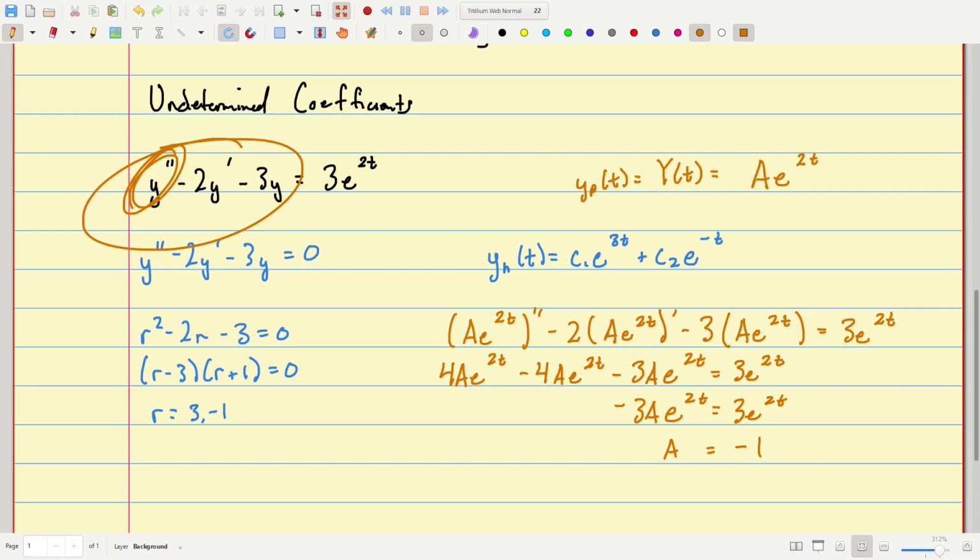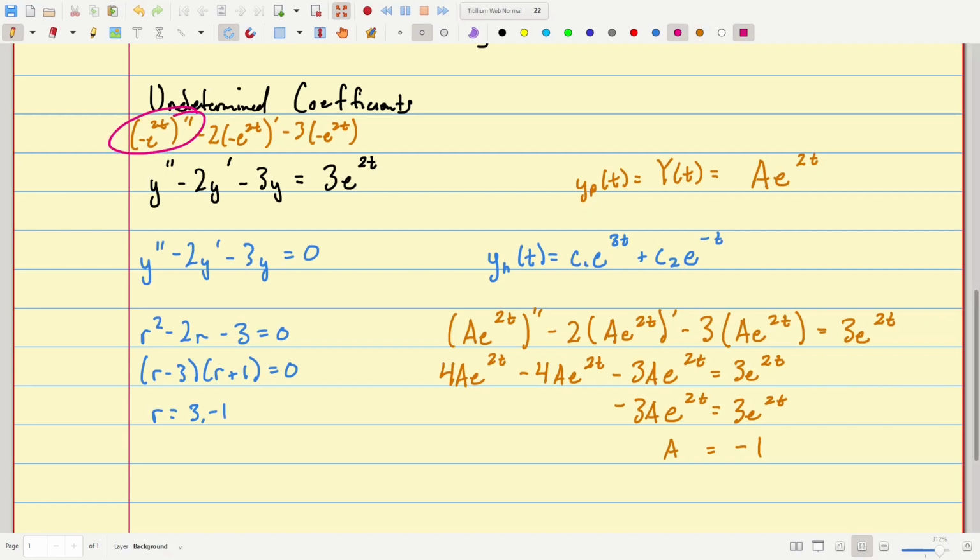Or sorry, let's just write it out so we're not making silly mistakes. It's not a minus 2. Okay, written out, it's easier to see what's going on.